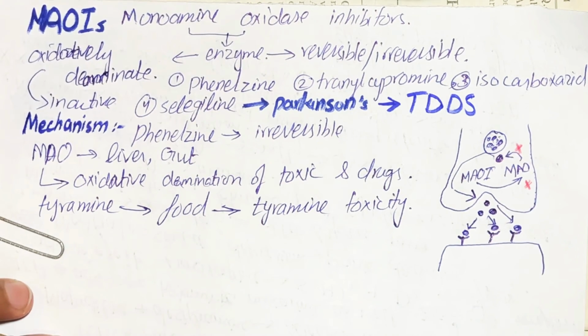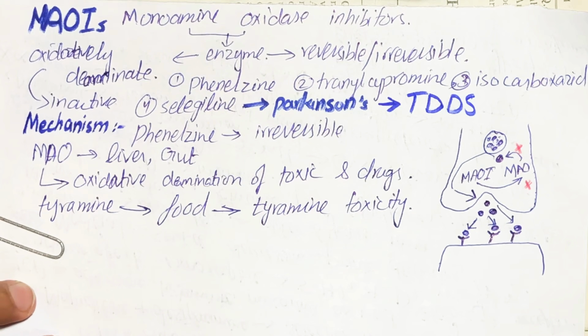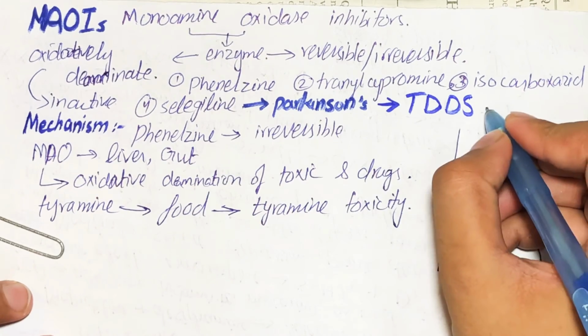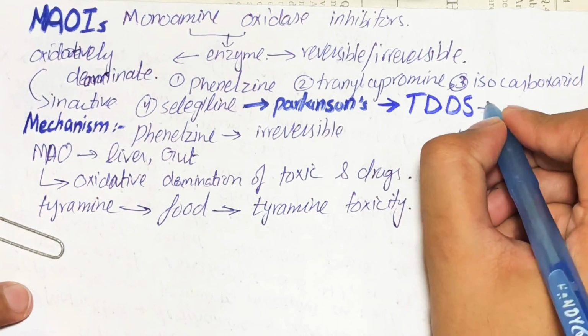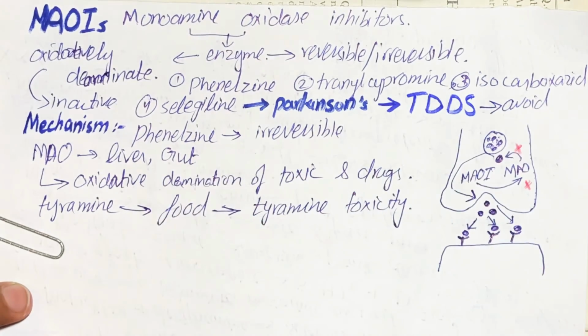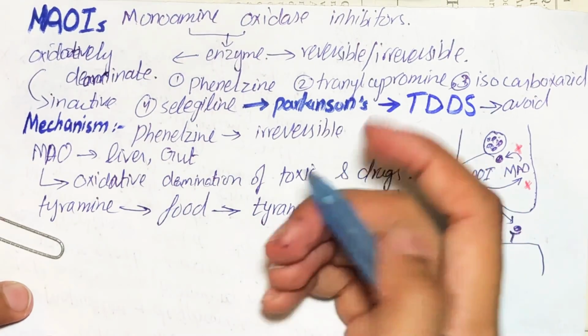In this way there is less chance of first pass metabolism, and less inhibition of MAO which is present in gut or liver, and therefore it causes less of the toxicity which is usually caused when there is inhibition of this enzyme. So selegiline can avoid this toxicity.